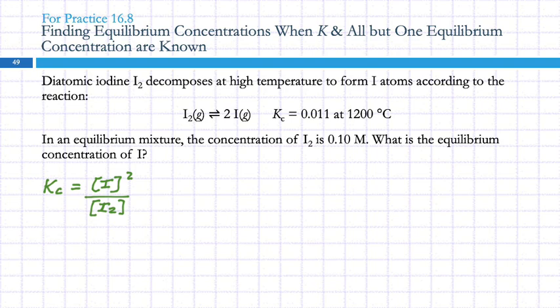So what we have here, I'm just going to rewrite this expression, putting in the numbers that we know. So we know that Kc is 0.011, because they told us that right up here. And that's equal to the iodine atom concentration squared divided by the I2 concentration, which is 0.10.